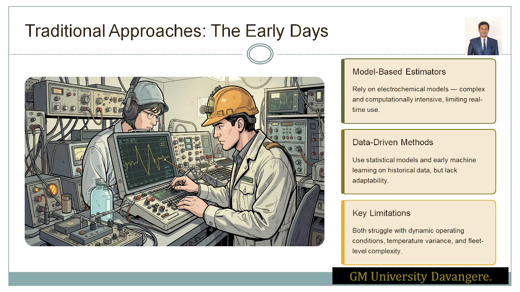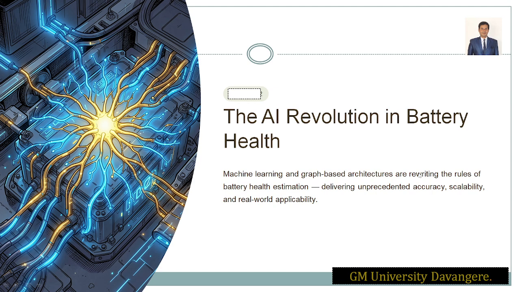Traditional methods struggle with dynamic current, wide temperature variance and fluid level complexities. Here the modern BMS uses AI with IoT for real-time adaptive SOC estimation. That's why the data-driven method would be far better than the other ones. Let us see how this AI is going to make a revolution in the world.